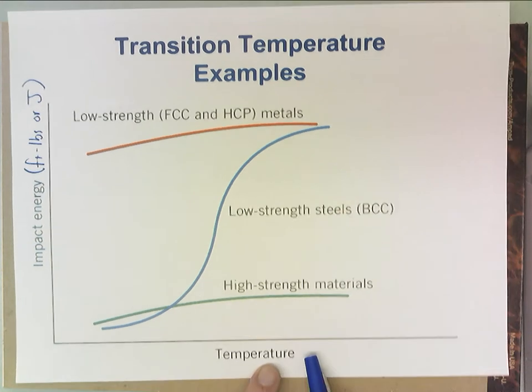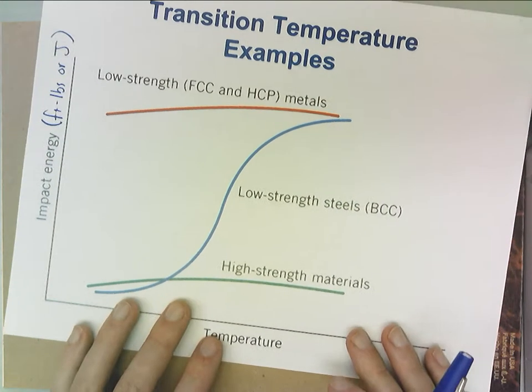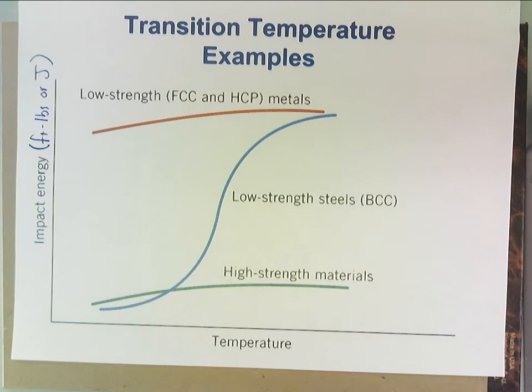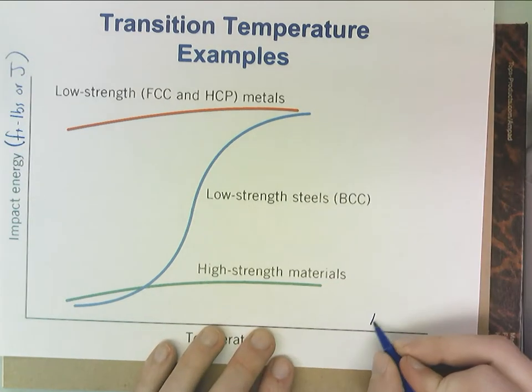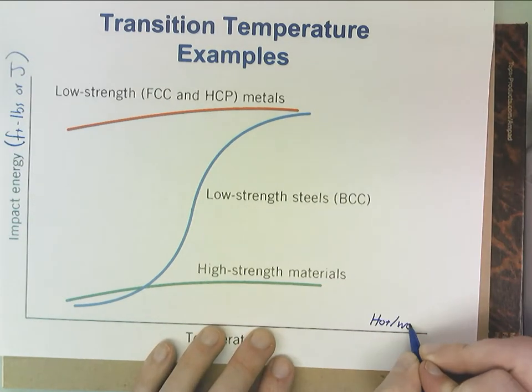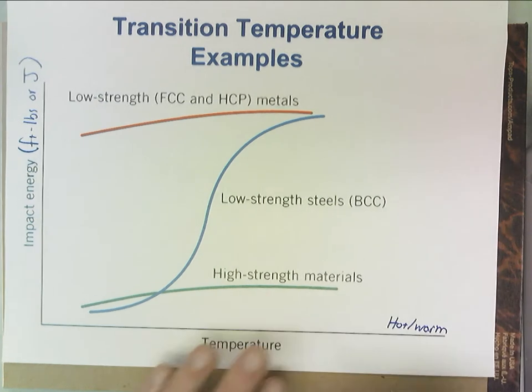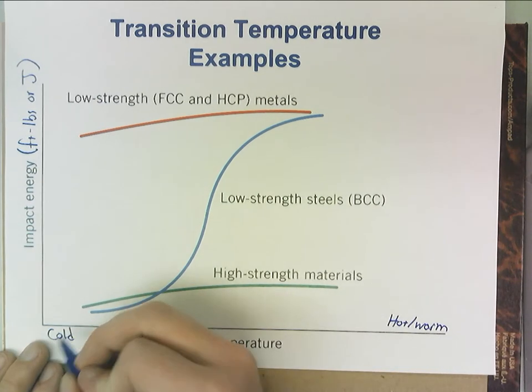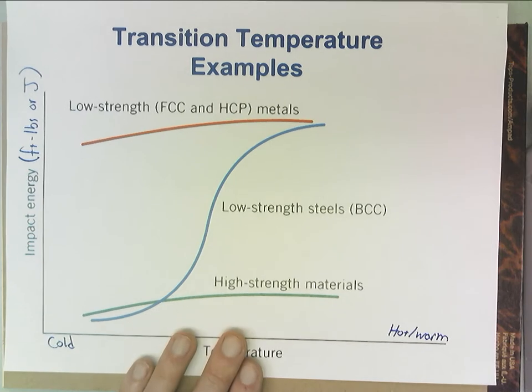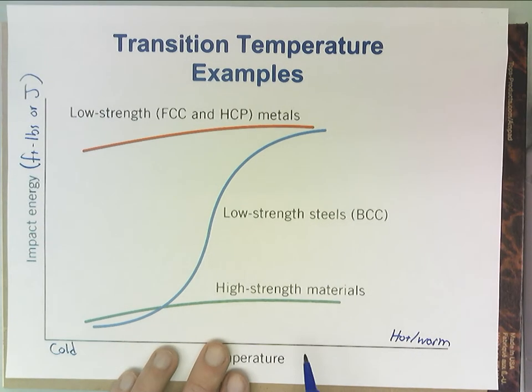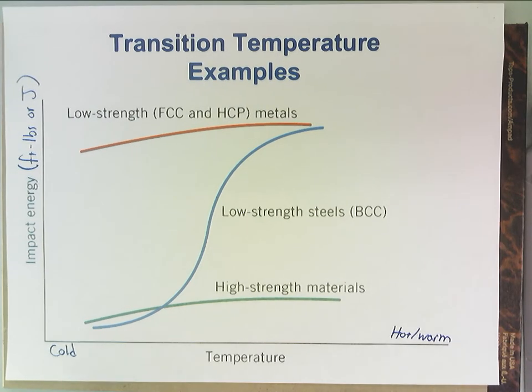So temperature. Careful with our temperature scale. Right? This is hot, warm. This is cold. Okay? So sometimes people have a tendency to kind of reverse the direction of that.